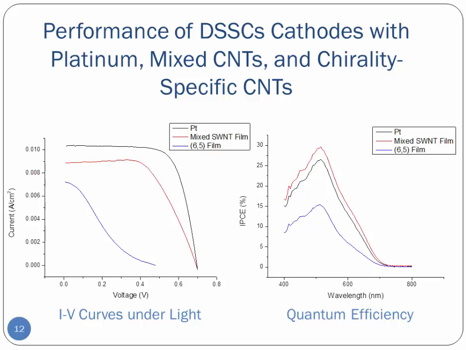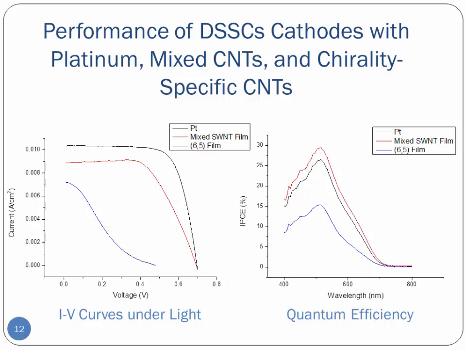Now we have seen, since the shunt resistance of the carbon nanotubes is so low, that they can catalyze the recombination with the electrolyte. So if we use them as a counter electrode, they are supposed to work fine. In fact, what we did, we compared the standard cell with the platinum counter electrode against mixed carbon nanotubes and a single chirality. And we have seen that the main problem is that, of course, there are no metallic tubes in the single chirality, and there are fewer metallic species in the mixed tubes.